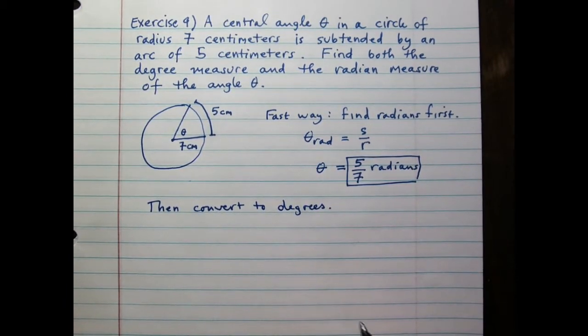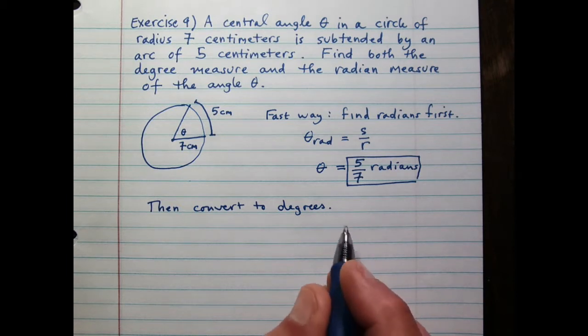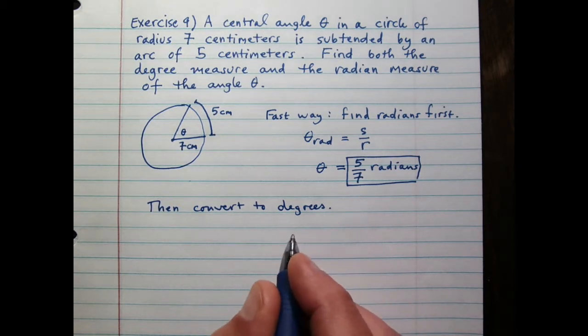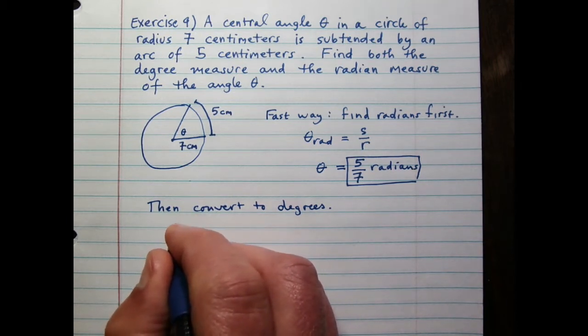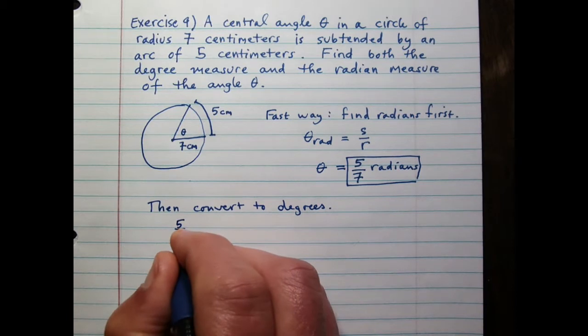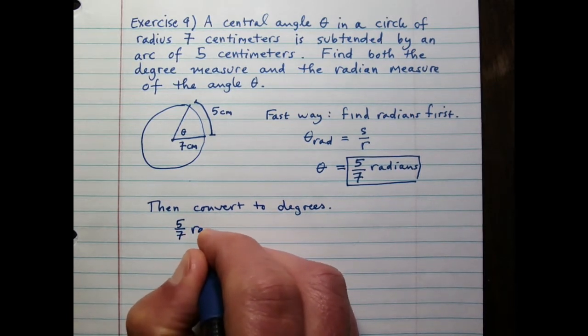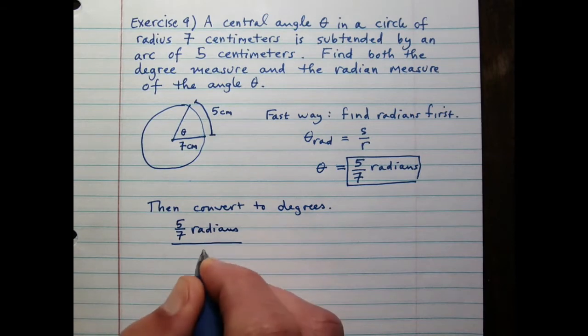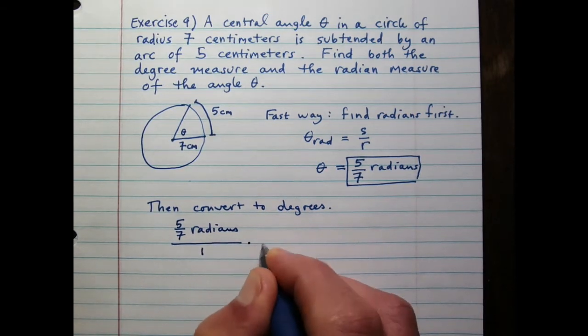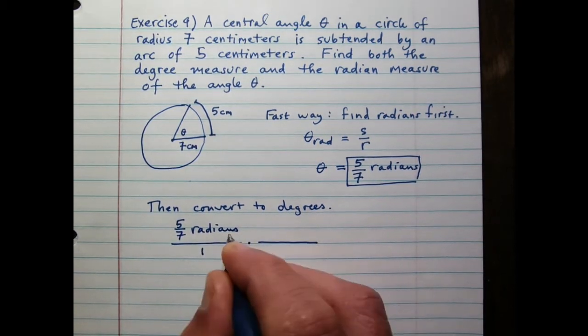And you can either use a proportion or you can use our second method where you multiply by a fraction equal to 1. Let's use the second method here. 5/7 radians. I wrote it over 1 to make it easier to decide the fraction we want to multiply by.